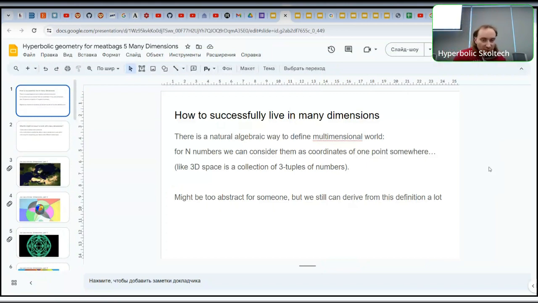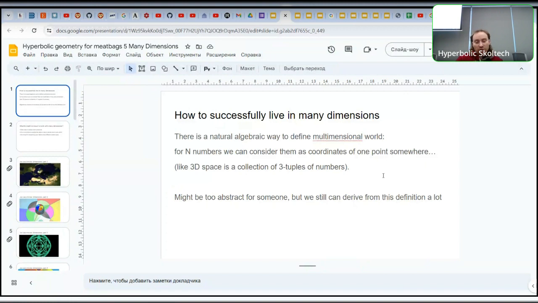So, what is an abstract definition of this? If we have n numbers, we can consider them as coordinates like we do in two-dimensional or three-dimensional geometry. There are the same number of coordinates, and the set of all such n-tuples forms an n-dimensional space.